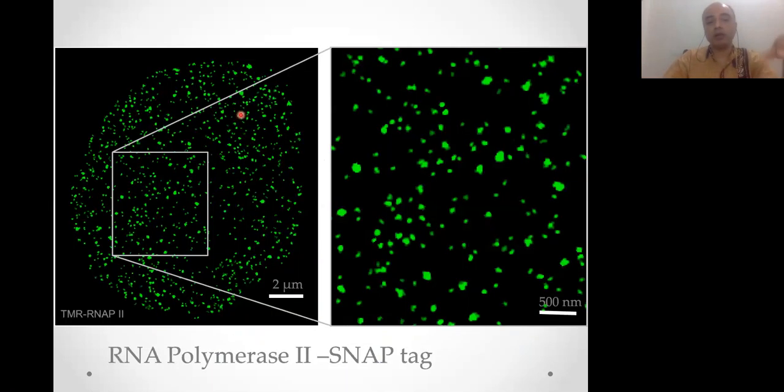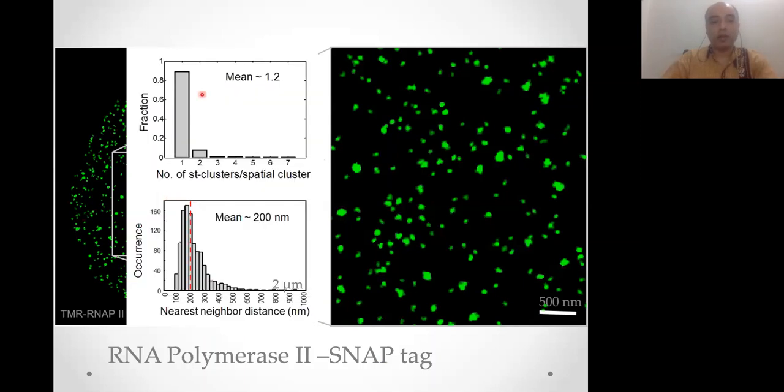And by doing this exercise, we did this for, let's say, inside the nucleus, all the RNA polymerases that are there, and our mean number came out to be 1 RNA polymerase. So we don't know whether it is because of the immunofluorescence method that people use, that any other RNA polymerase, if they are there, have been lost.